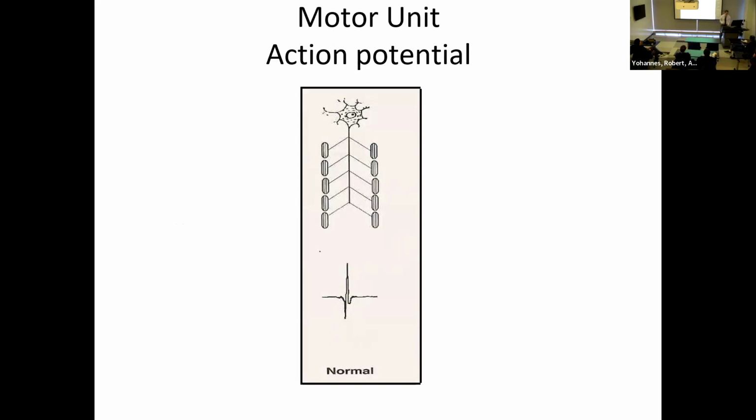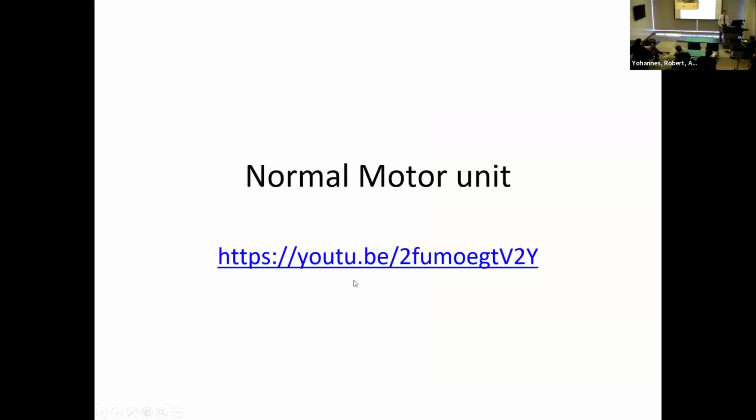And that's what we're basically seeing. Now, any variation in the number of muscle fibers here will change what we see on the screen. So just go back to normal as our baseline and compare that in your mind to the variations that we'll show.